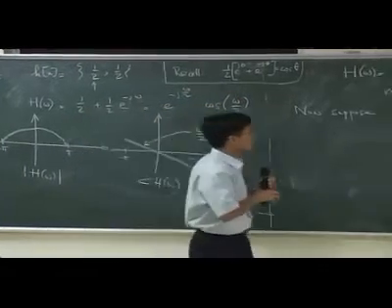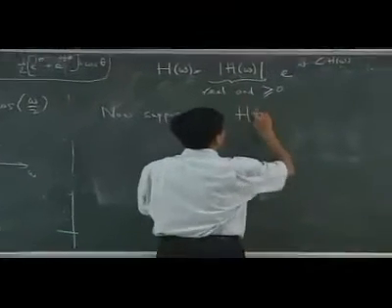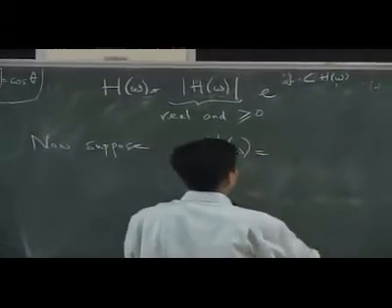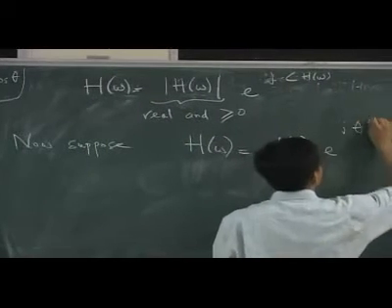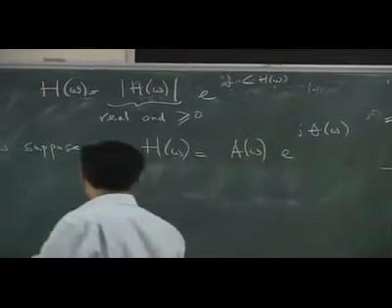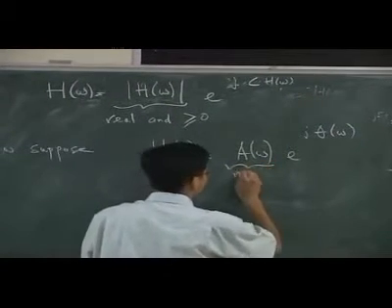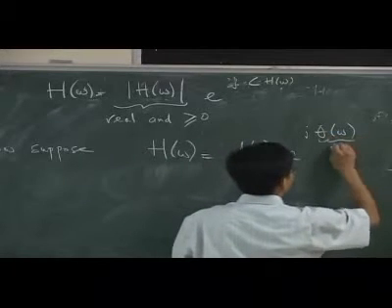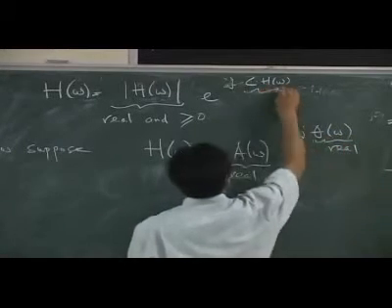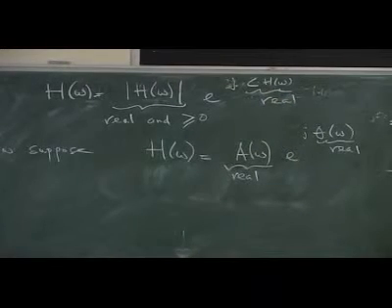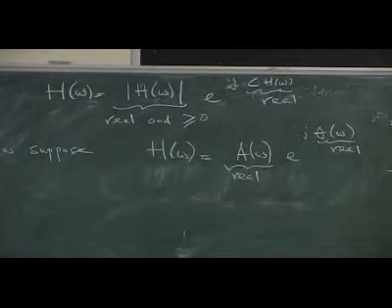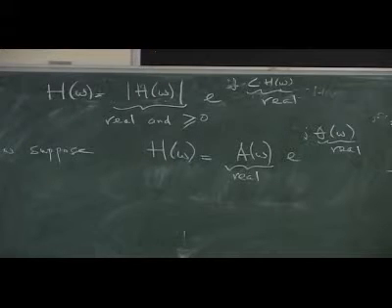So suppose, more generally, I have H of omega equal to A of omega times e to the j theta of omega. What I have here is a real A of omega, and this thing here is obviously real, right? But you see, I really cannot guarantee that. This time I'm lucky that this thing here is real and greater than or equal to 0.